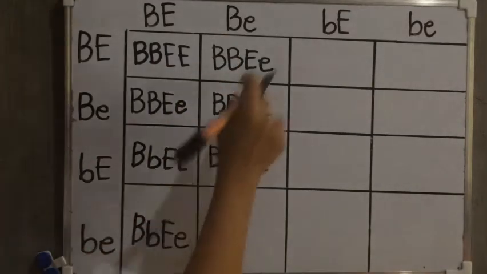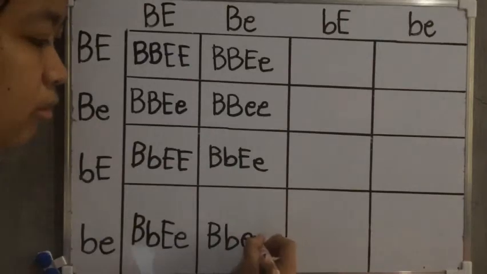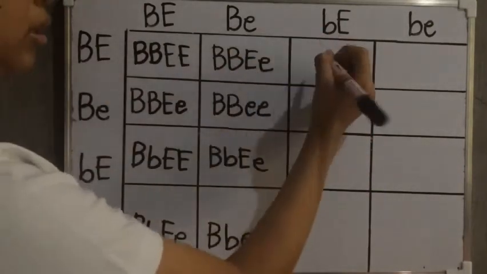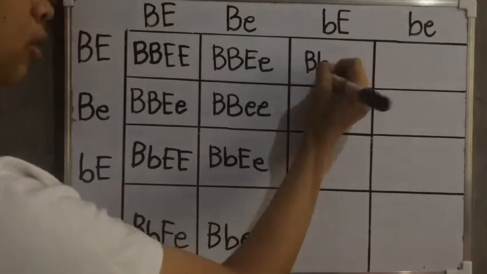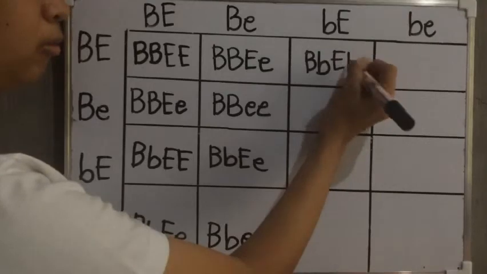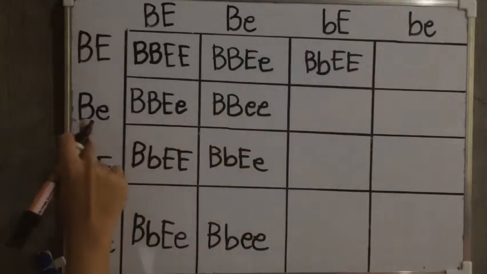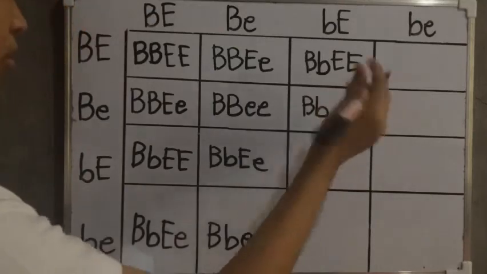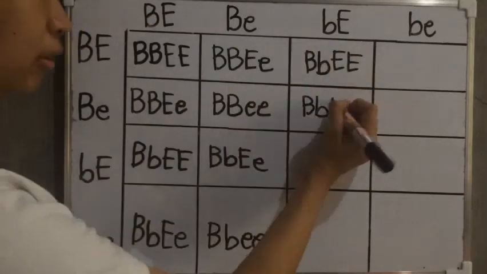Then we have 2 recessive. Next, third column, 1 dominant, 1 recessive, and then both dominant. Next, 1 dominant, 1 recessive, 1 dominant, and 1 recessive.